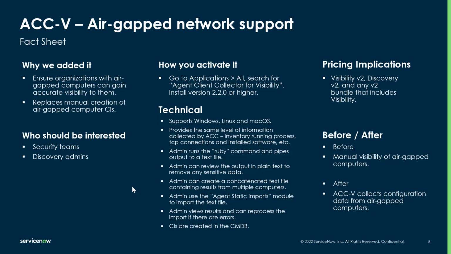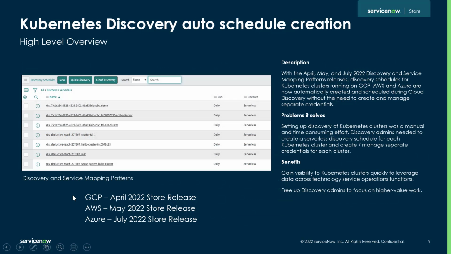So with that, I will continue on to Kubernetes Discovery auto schedule creation. So in the past, we've seen that customers have been seeing some issues around discovering Kubernetes clusters, and it was a very manual and time-consuming effort.